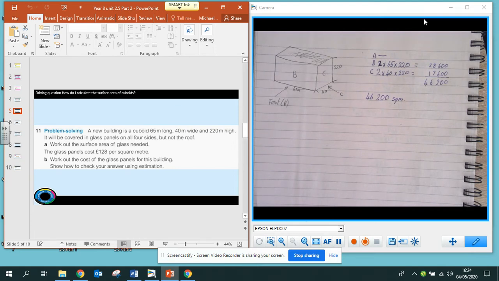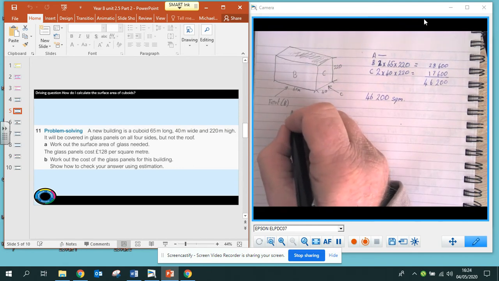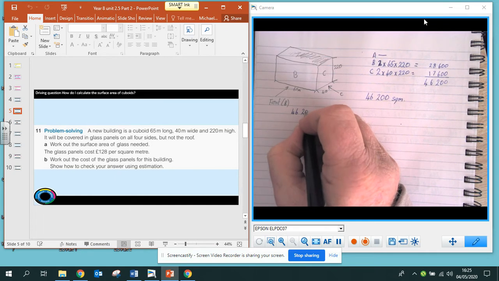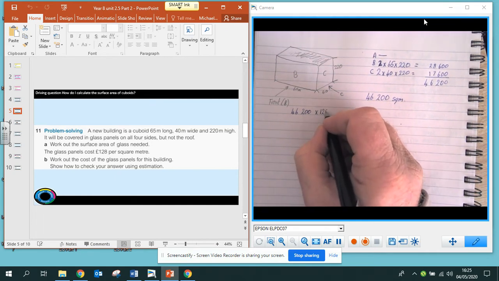The glass panels cost £128 per square metre. So for every square metre, I've got to spend £128. Work out the cost of the glass panels for this building. Well, the cost is going to be 46,200 times 128.